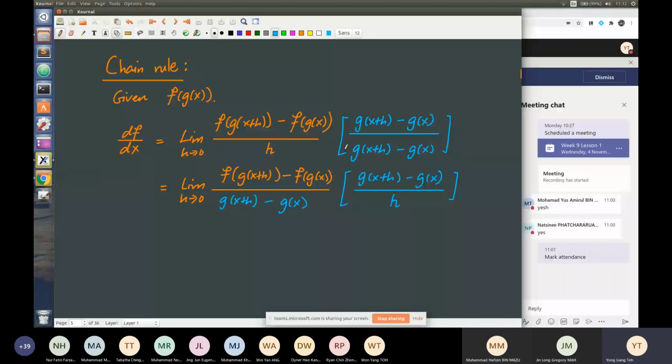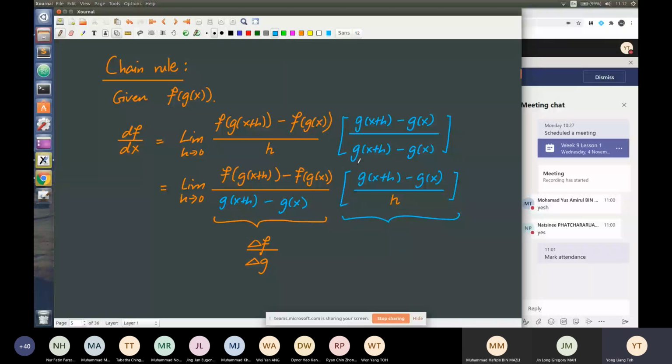However, by virtue of doing so, if you apply the limit to this first fractional term, what we can observe is that this first fractional term is actually the change in f over the change in g. Do you observe that? This is the change in f, and this is the change in g. Isn't that right? Then how about the second term? Let me change the color for this.